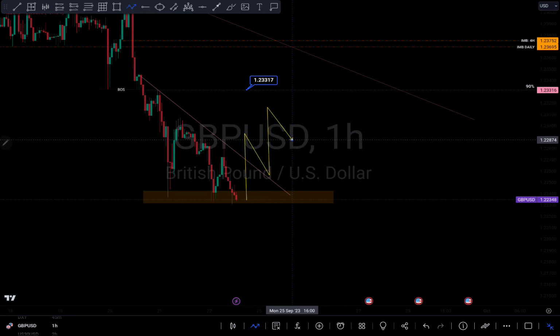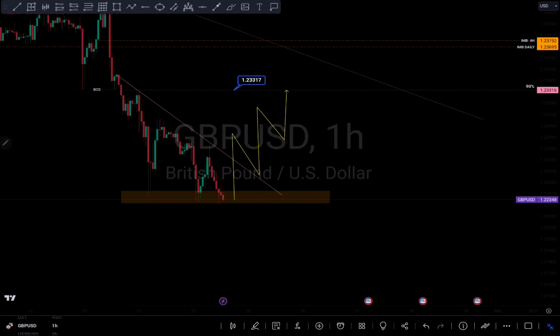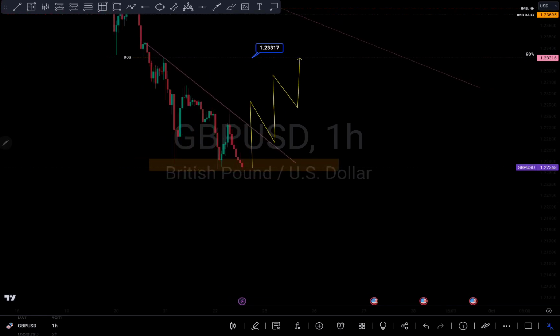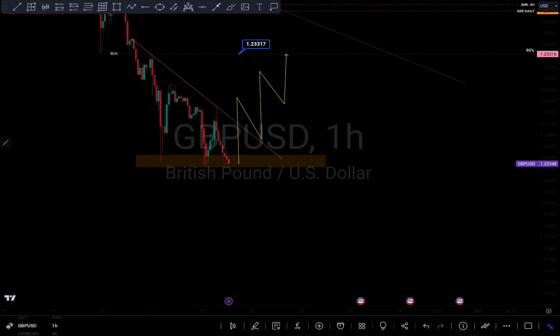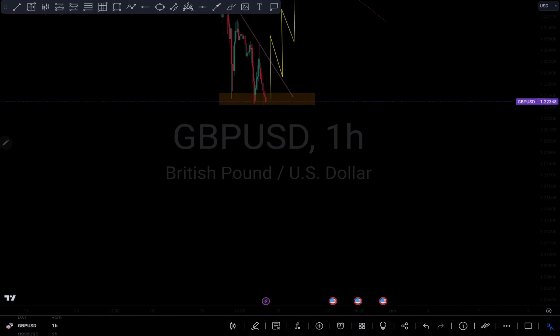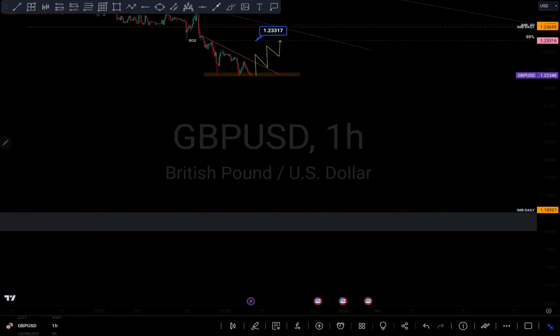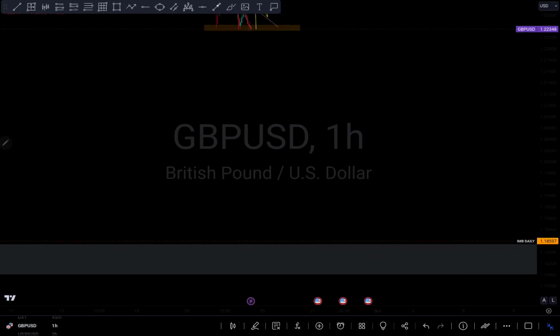And if it's pushing to the downside, I want it to at least come here to break this trend line, to break this zone right here. Then I will reanalyze to see my next target, because I think it's still gonna go down, but this is way far into the future.